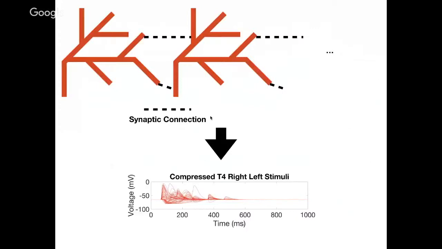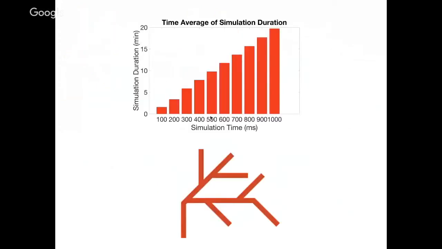As you see, the activity of the neurons, when I first introduce the stimuli, fluctuate rapidly in membrane potential, but then they slowly die off. And so now we have that model. But the question is, when we did this one particular simulation, the simulation time would take around 1,000 milliseconds.